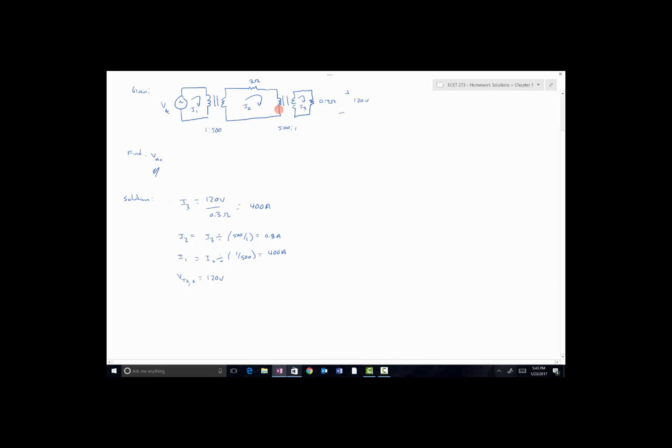The voltage here, the primary, is going to be related to the secondary by the turns ratio, so 120 times 500 to 1. The voltage on this side is 500 times what it is on this side, so that gives me a voltage of 6 times 10 to the 4th volts.